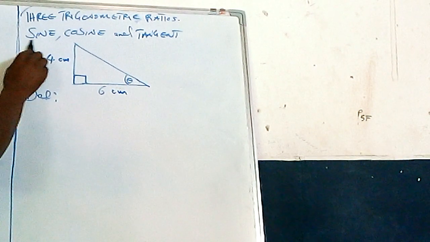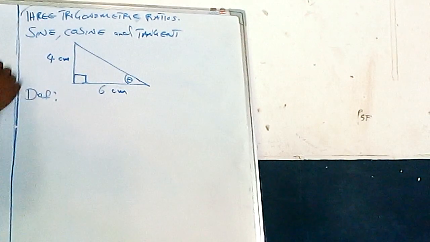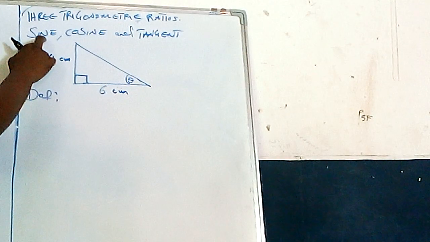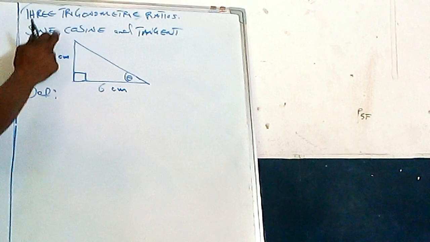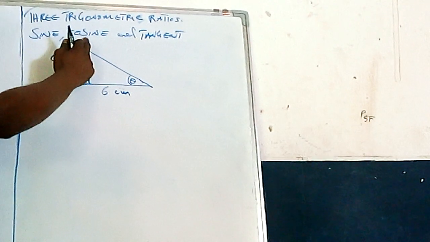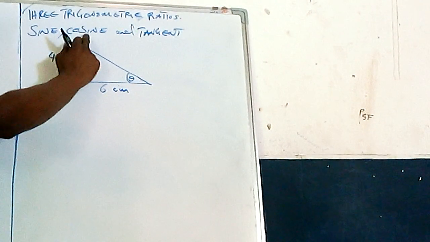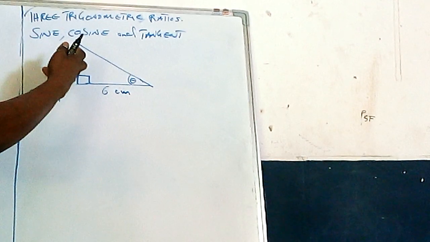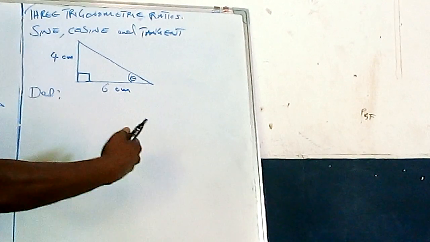Instead of writing sine, we abbreviate it as sin, but pronounced as sine. Same is true of cosine. We don't have that much time to be writing the ine, so we abbreviate it as cos, but of course it's pronounced as cosine.